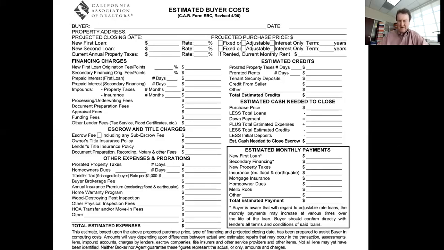They had a separate mortgage calculator, but it was independent. It wasn't related to any form, but now it does work in this form. So you can show your buyer what the monthly payments are going to be on this purchase at these projected prices. And again, you can have 3 versions of this form in the transaction.